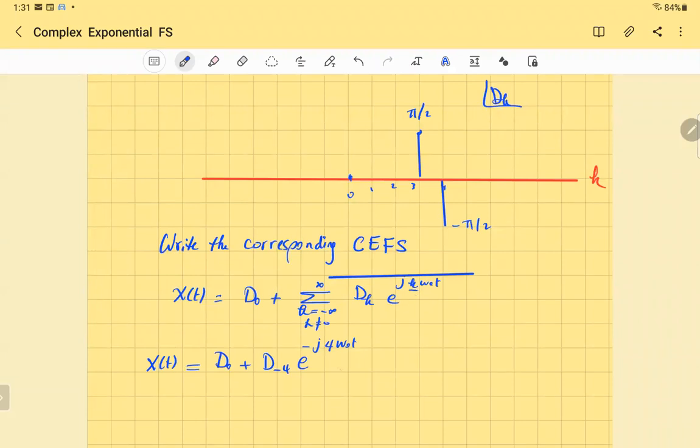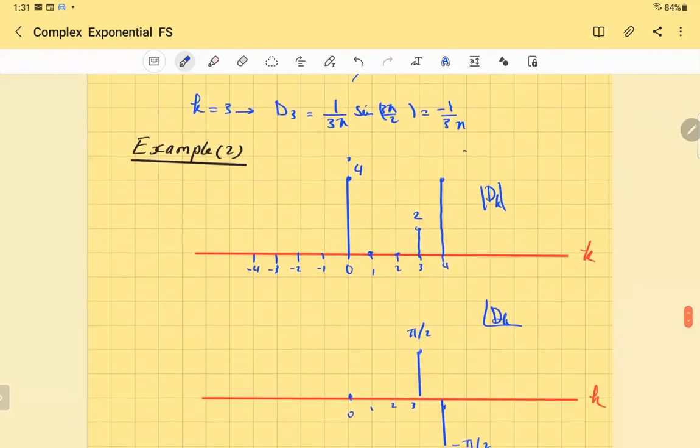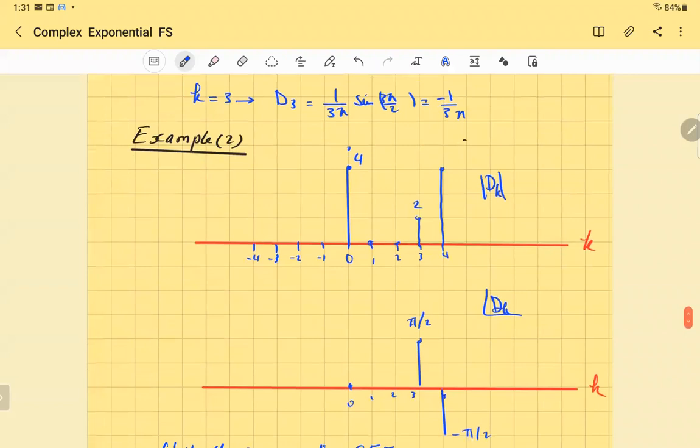Plus what comes after that? d negative 3. But you've got to save your time. First, find the negative values for the amplitude, the negative frequency. By reflection it will be 0, 0, and then at 3 you will have 2, and at 4 you will have also 4.